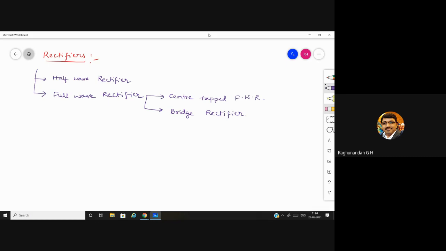But the overall construction of the circuit is quite different between them, because of the limitations in the center tapped one, they went on to the bridge rectifier. So this is the classification: half wave rectifier and full wave rectifier. First we'll start with the half wave rectifier.